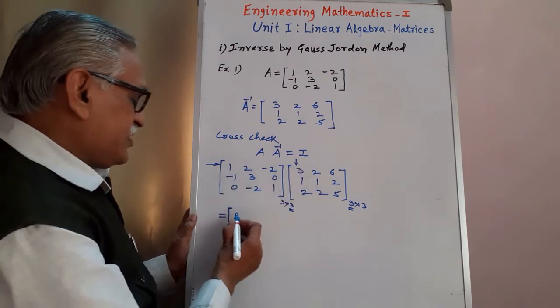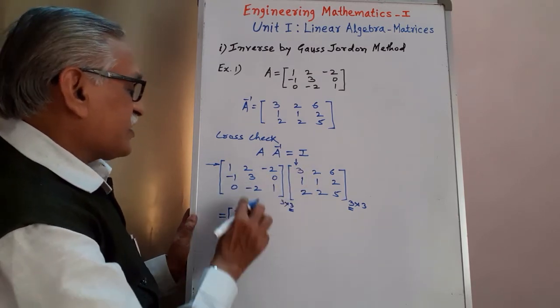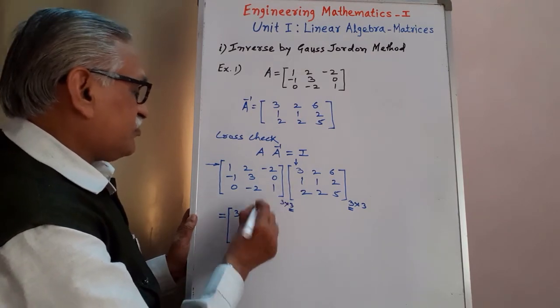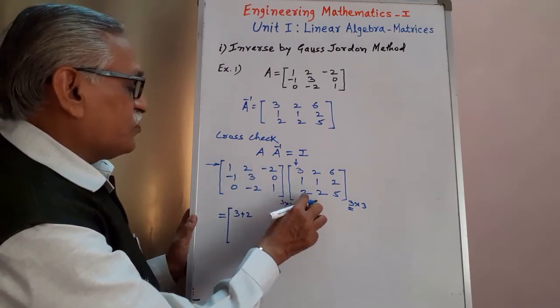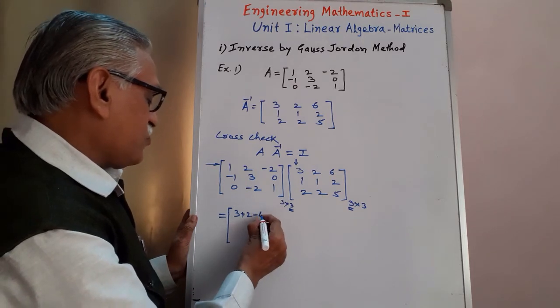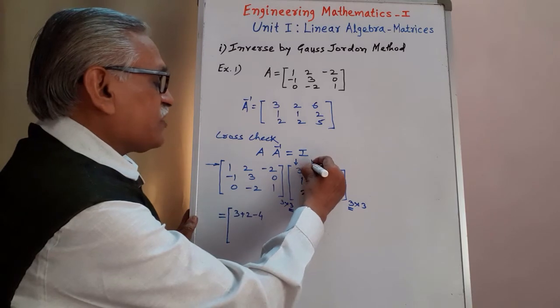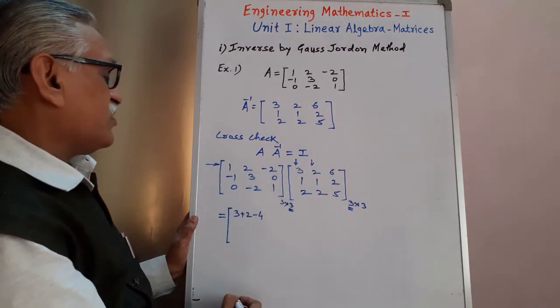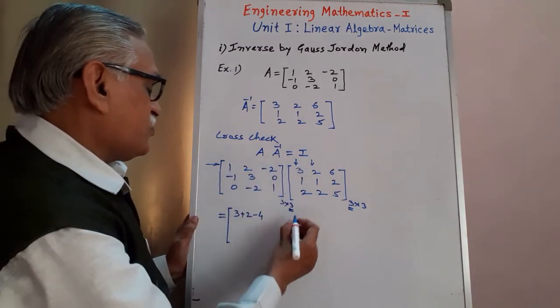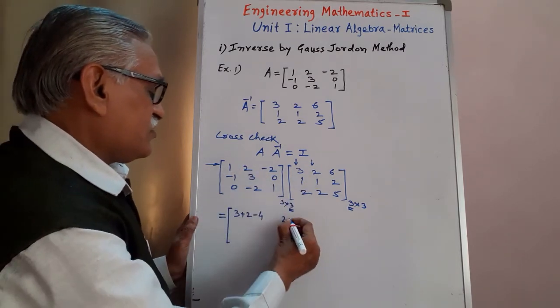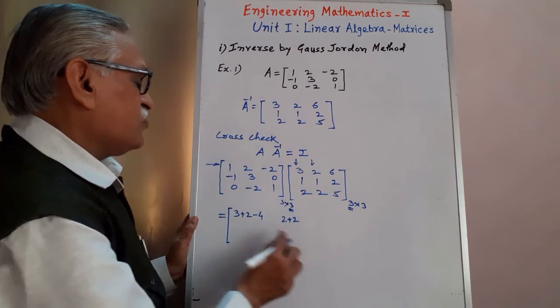Therefore 1 into 3 we get 3. 2 into 1 we get 2. Minus 2 into 2 we get minus 4. Then by the same row we multiply to the second column: 1 into 2, 2. 2 into 1, 2.